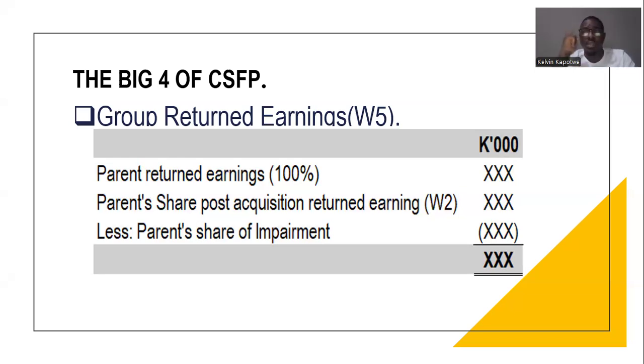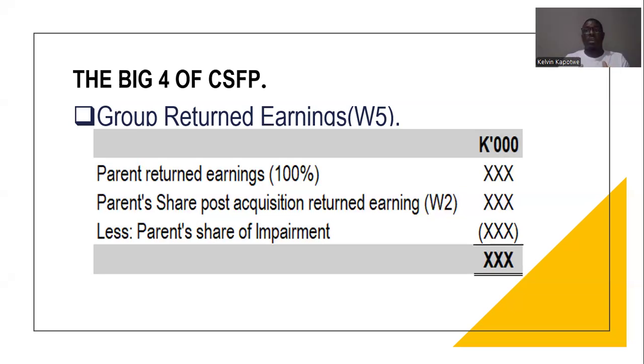Remember, I said we can also deal with things like provision for unrealized profits here. The first one I said is the subsidiary transferring to the parent, right? So the subsidiary would have recorded a profit. But now in this case, if, for example, the parent sells an item of non-current asset to the subsidiary, the parent is going to record a profit in their accounts, all right?